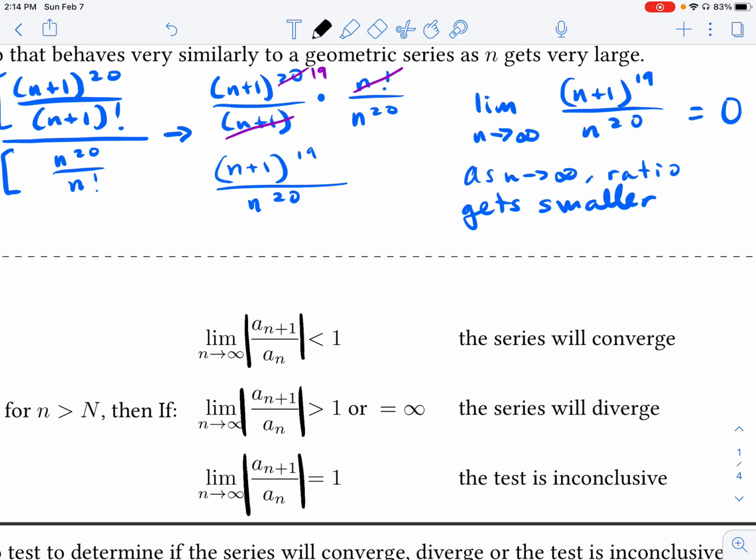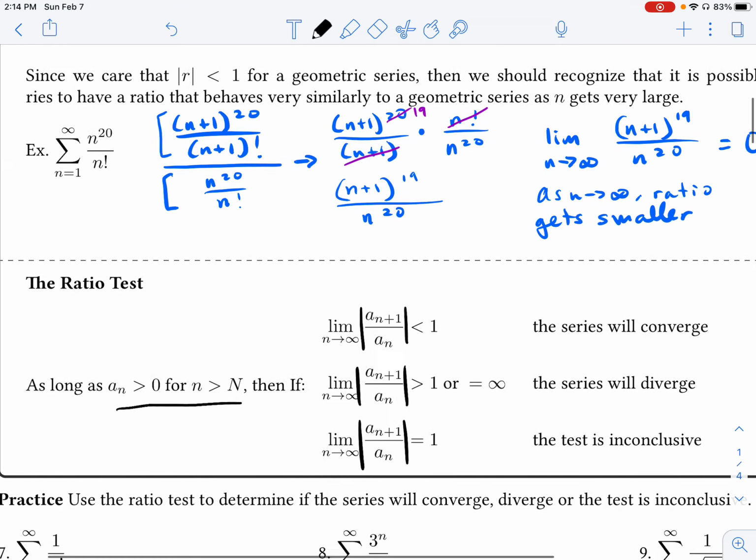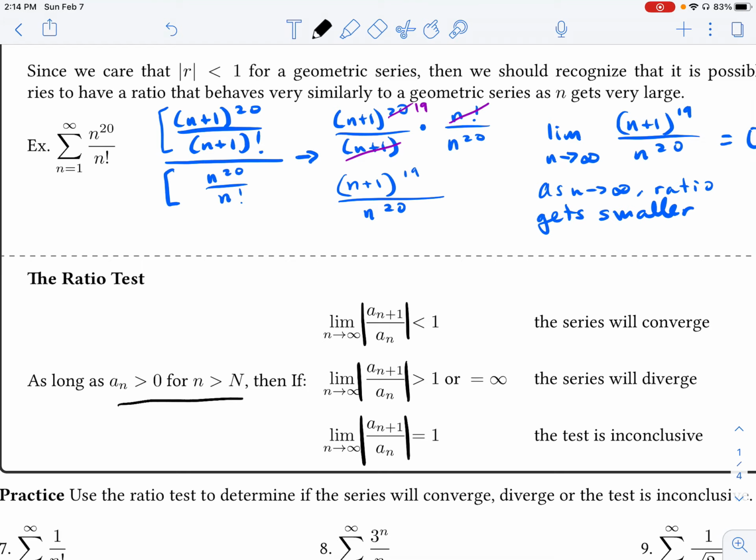And finally, if the limit of that ratio is exactly 1 as n approaches infinity, then we can say that the test is inconclusive. For this note over here, we're just taking care of that statement right here as long as a sub n is greater than 0 with this absolute value symbol. So that's the thought process behind the ratio test.